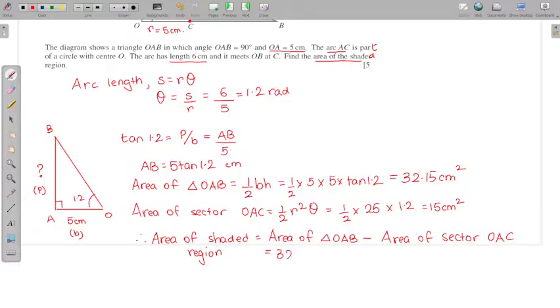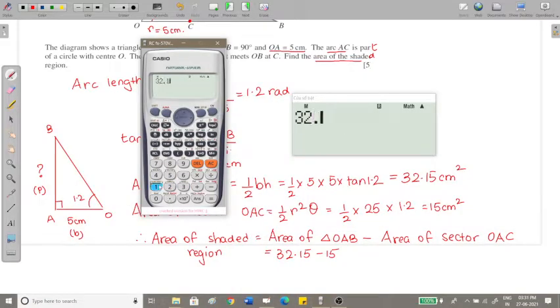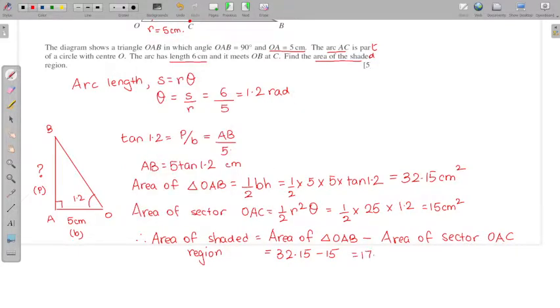So it will be 32.15 minus 15, which should come to 17.15. So when you round your answer to three significant figures, it should be 17.2 centimeter square, and that is your final answer.